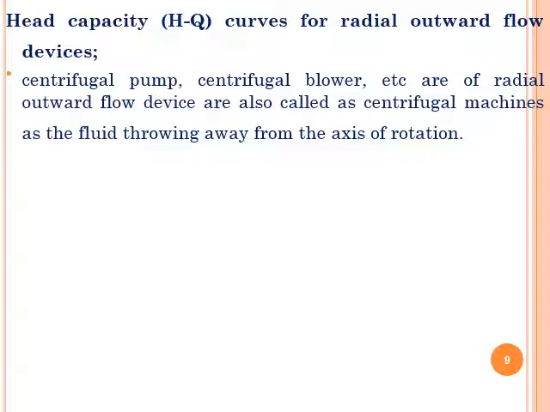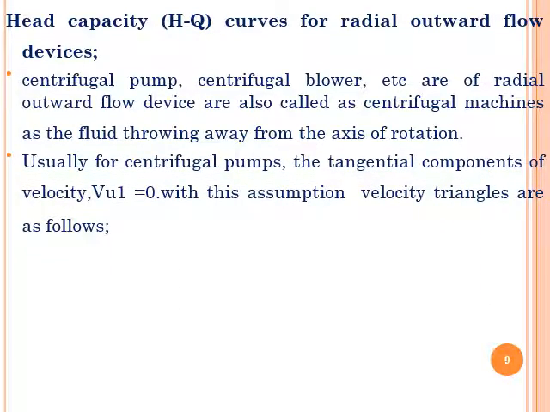That means in case of a centrifugal pump, the inlet of the fluid takes place at the center, the eye section of the impeller. Then that fluid flows along the rotor surface, and finally it exits at the outer circumference of the impeller. So that is what radial outward flow machines are.